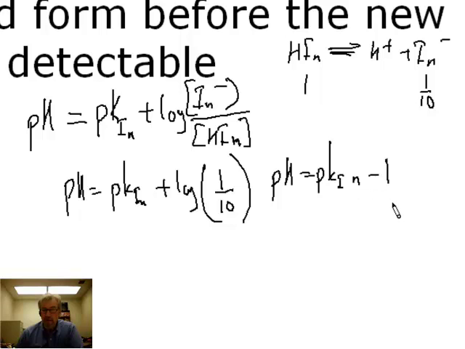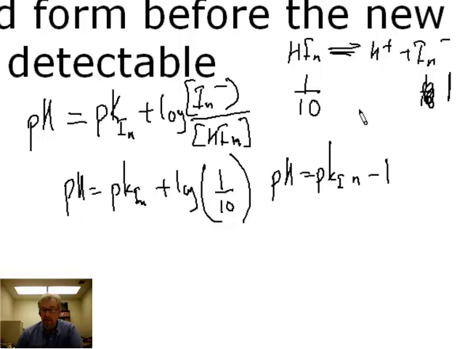Let's say I were doing it the other way. Let's say I had a basic system and I was adding acid to it. Well, that would cause a shift to the left. And if I started out with a concentration of 1 for my In-, I would end up with a concentration of 1/10 for HIn during that shift at some point, and that's when I'd first notice that there was a color change happening.